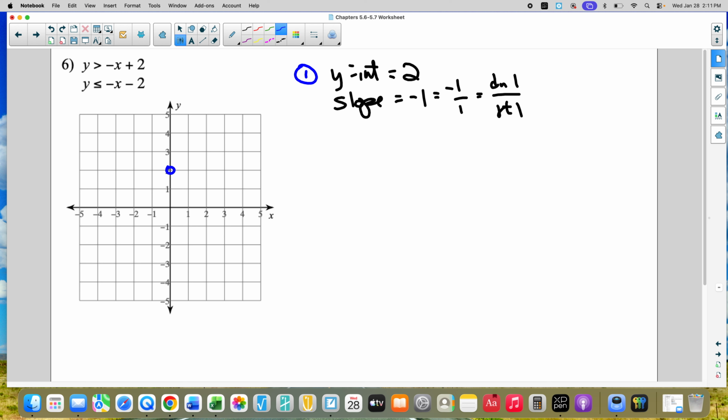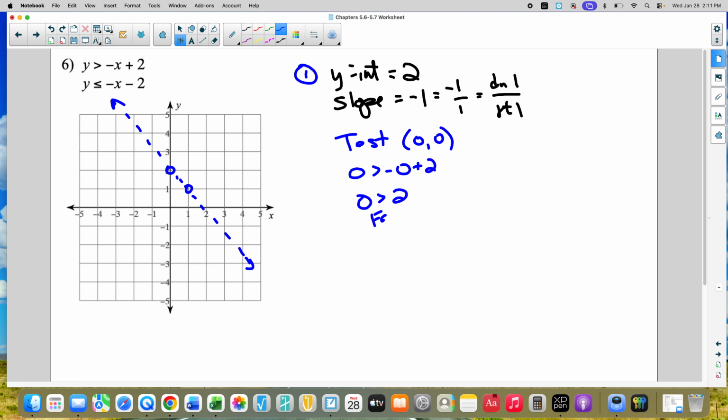I'm going to go down 1, right 1, dotted. I'm going to test 0, 0. So I get 0 greater than -0 plus 2, is 0 greater than 2? That's false, so I'm going to shade away from that point.